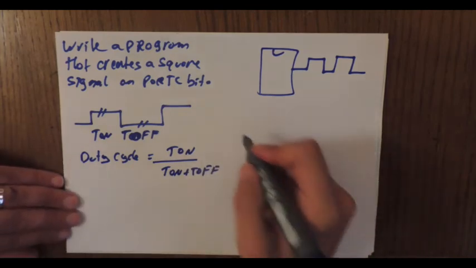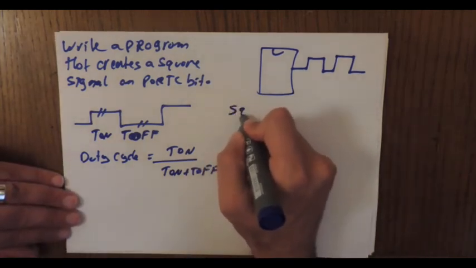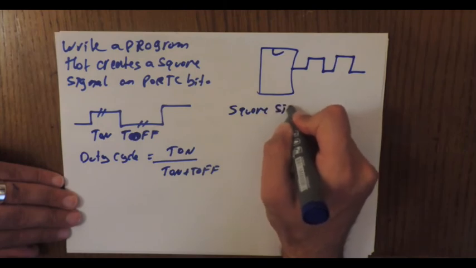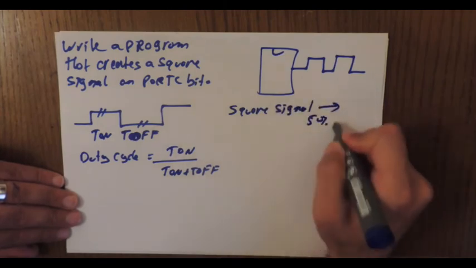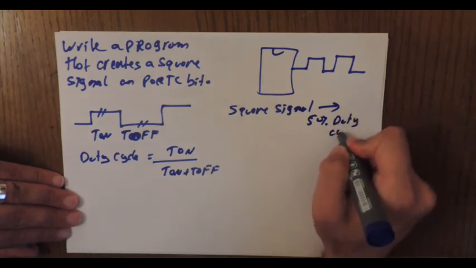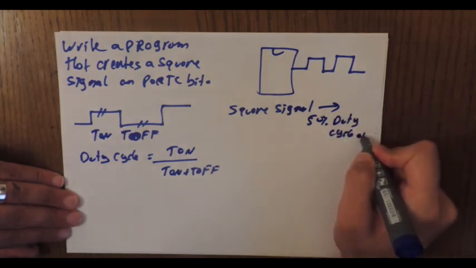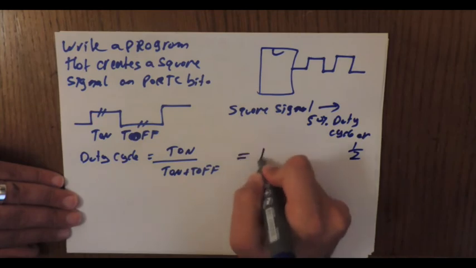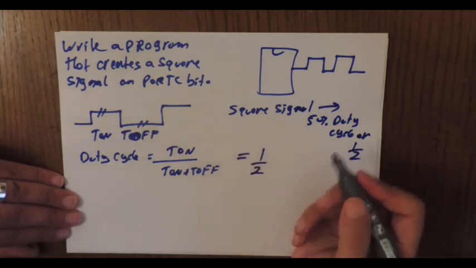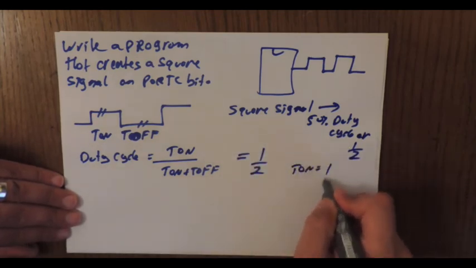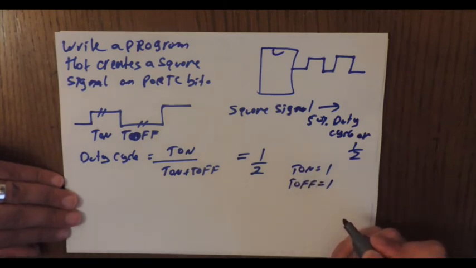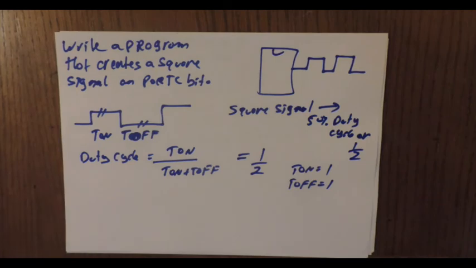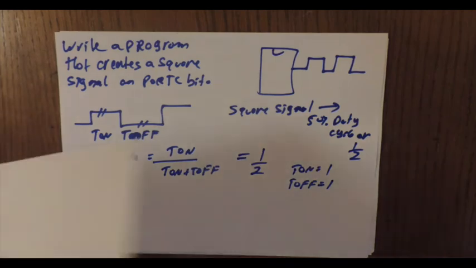So in case of a square signal, this means 50% duty cycle, or half. So this means T on equal 1 and T off is equal 1. So to do this, we're gonna write the following program.